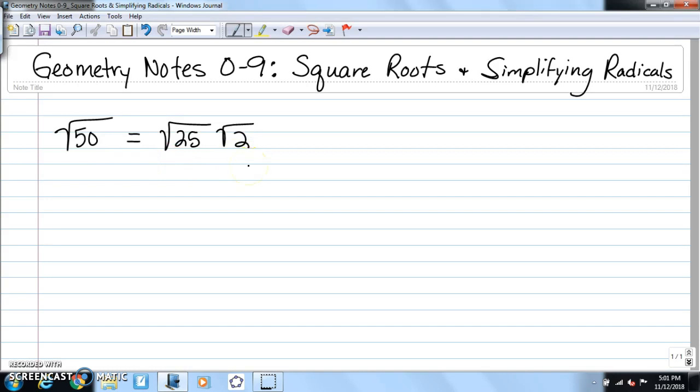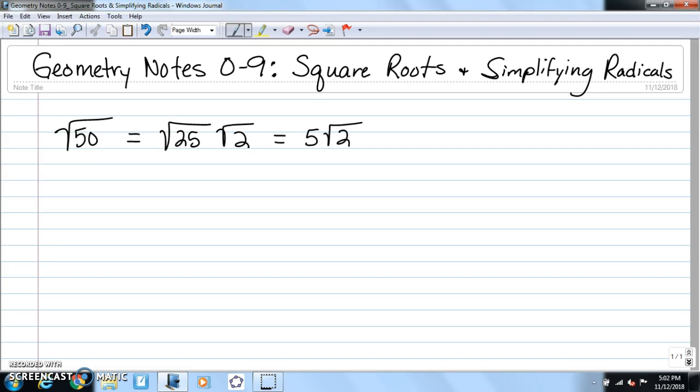You can separate it out like that. And the reason we'd want to do that is to look for perfect squares within the number that we're trying to simplify. Because the square root of 25 simplifies to 5, this is now 5 square root of 2. And you can break it down into anything that multiplied together equals what you had to start with.